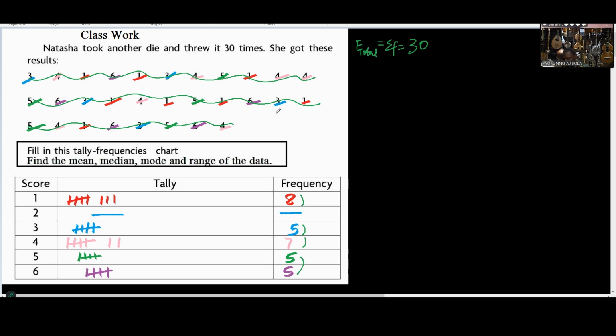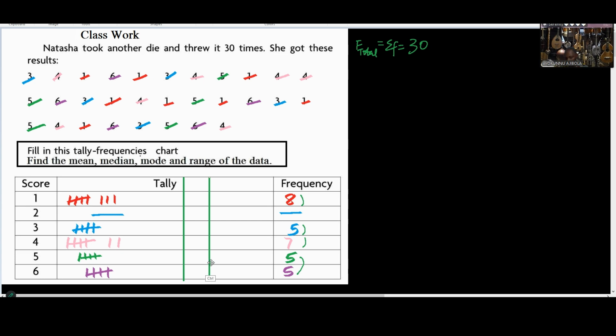But instead of adding one by one, we can create another column on our table where we're going to get the values that we're supposed to add together. That is the ones on the data set. How many ones are there? So that is 1 times 8 pieces of 1.